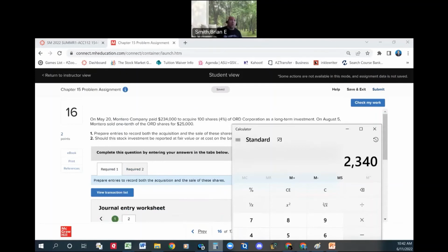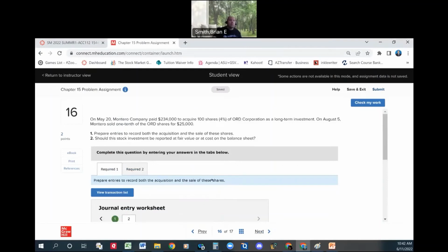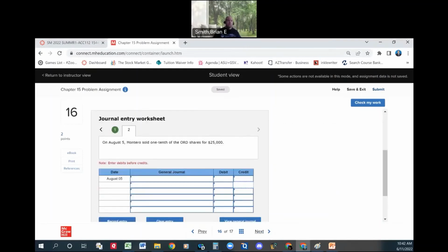So our total cost to us was 23,400. Cash is going to be 25,000. Gain on sale of stock investments for 1,600.